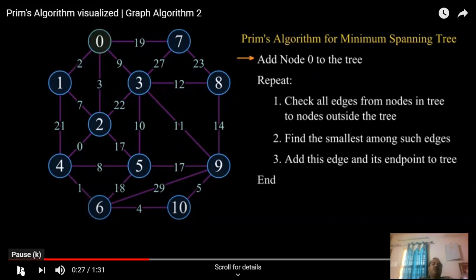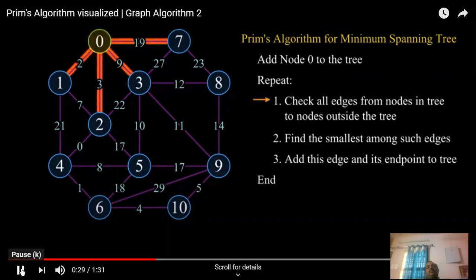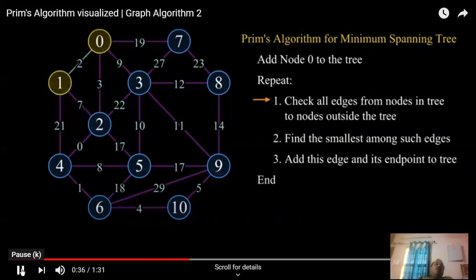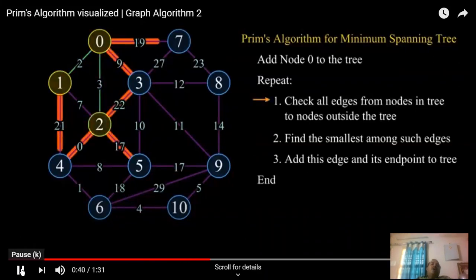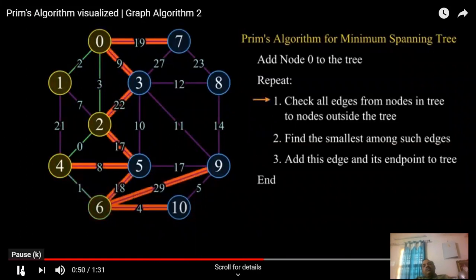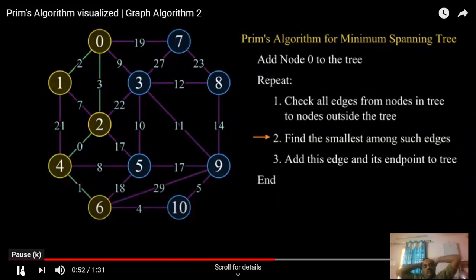So this one again. Small. Next one, 3. Next level change. 2 to 4. 0. Level change 4 to 6. 6 to 10.